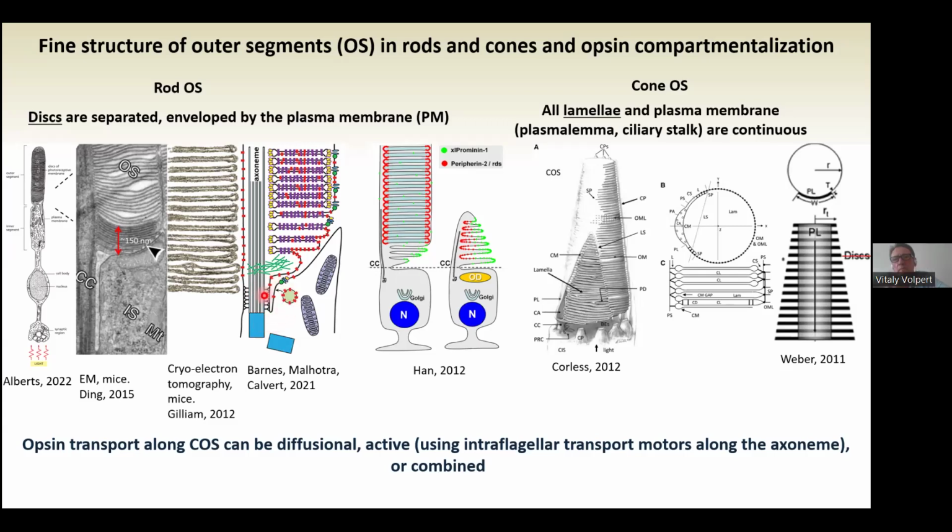So really it is a mystery how rhodopsin is transported from the inner segment to the outer segment. And this is the focus of another study of ours, but I didn't talk about this data today because we have no time, but we work on it.